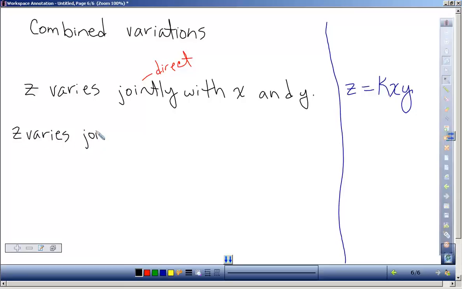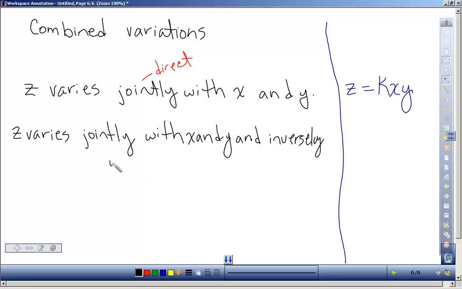Another example might be something like z varies jointly with x and y, and inversely with w. So if I'm reading this, z varies. One thing I get used to is that the varies is the equal sign. So z varies.